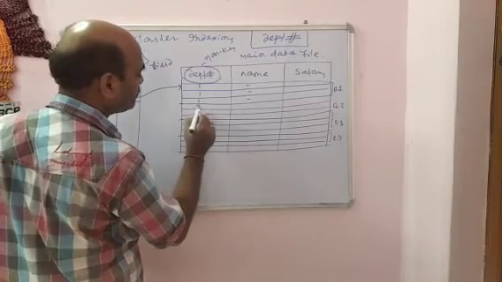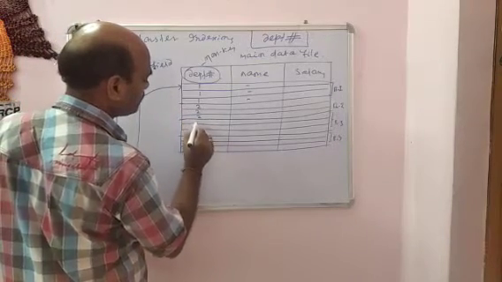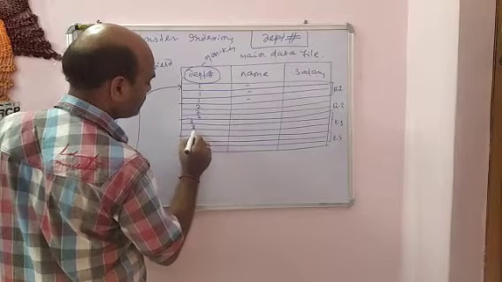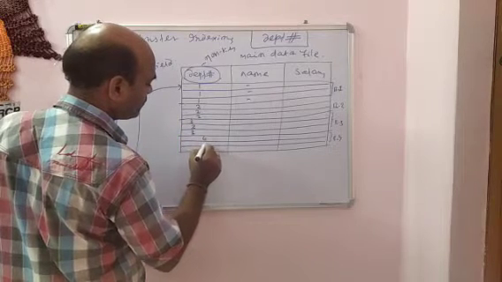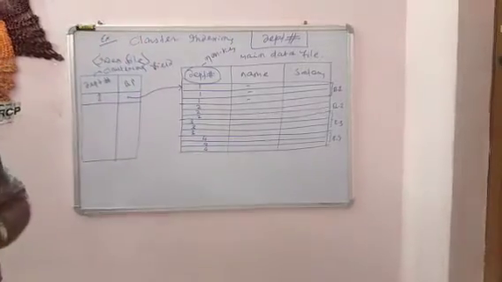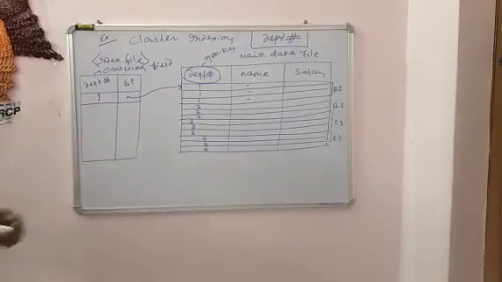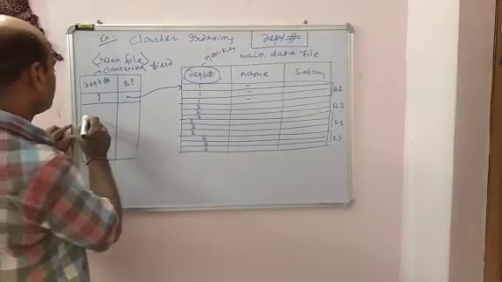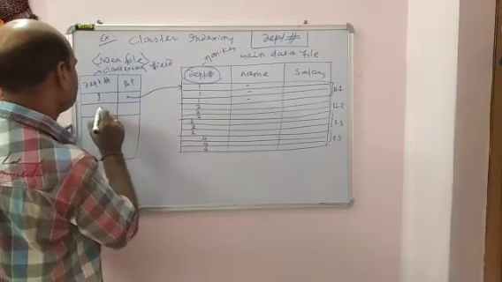Similarly, department 2, department 3, department 4. So this is department 2.